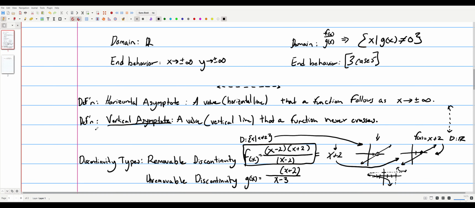Now, because we're only missing one point, it would be easy for us to fill in this hole by making f of x into a piecewise function, by saying we'll use this function when it's every number but positive 2, but then when x is 2, just let it be 2.